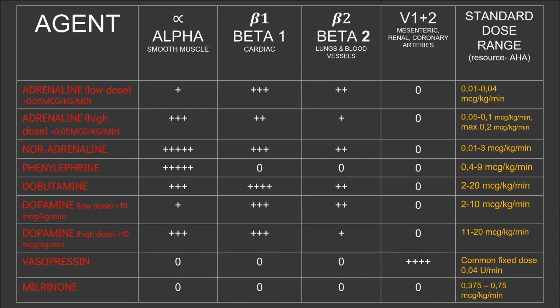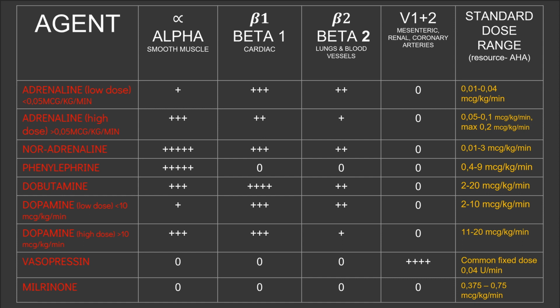So another popular one is noradrenaline. And if you have a look there, it's very different to adrenaline in that it has a very high affinity. The highest you can get is those 5+, and it's got that for alpha, making it a pressor.